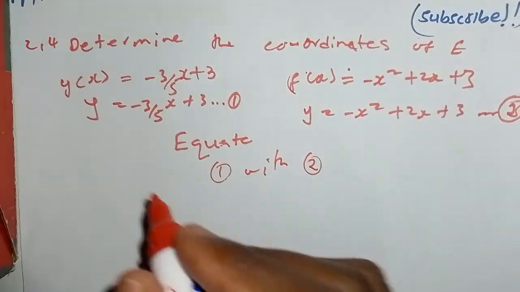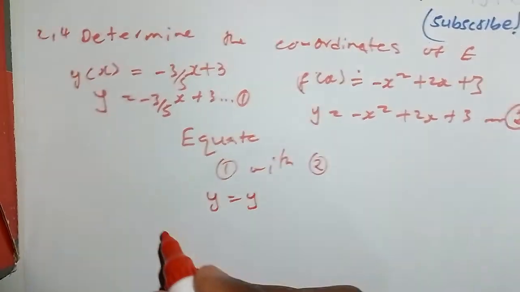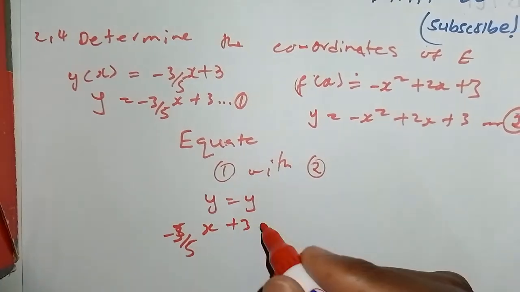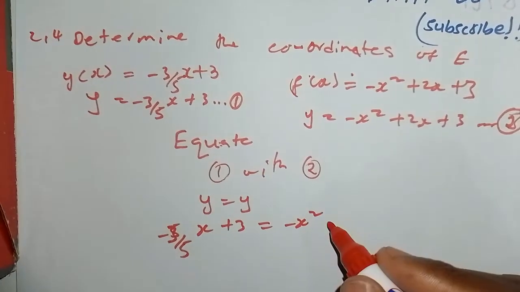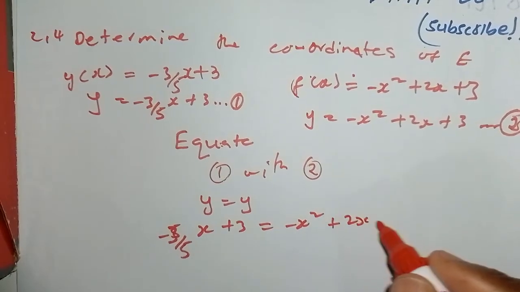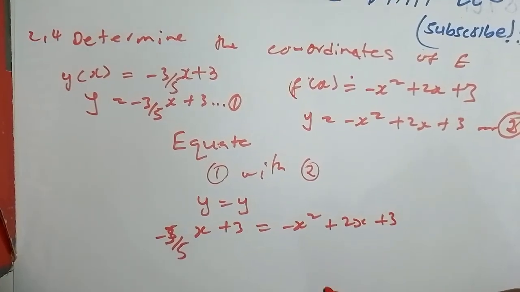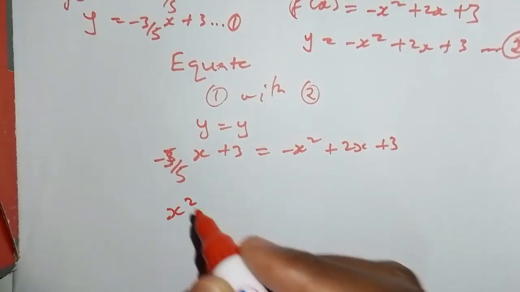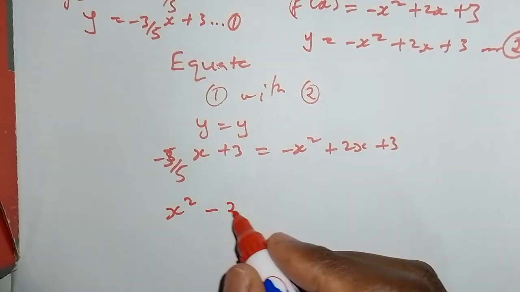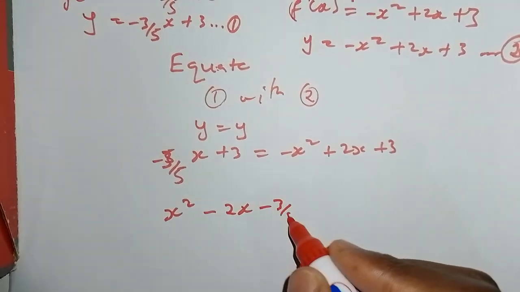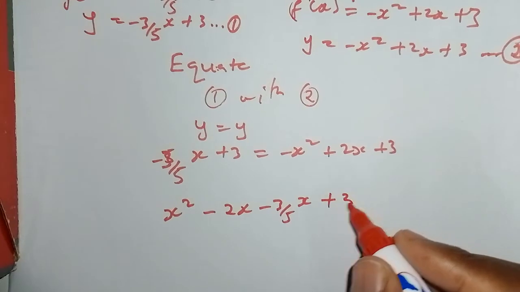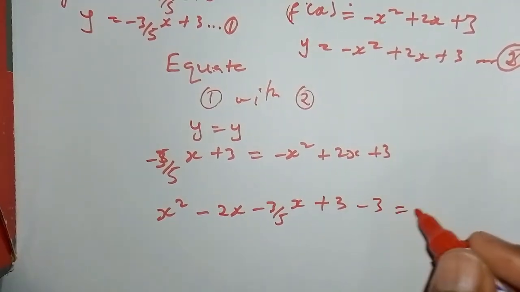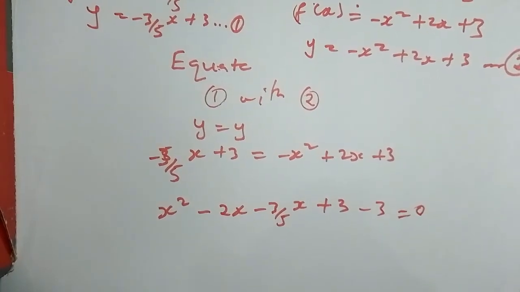What is my equation 1? Okay, y is equal to y. Negative 3 over 5x plus 3 is equal to negative x squared plus 2x plus 3, right? Then group the like terms. I'm going to have x squared minus 2x minus 3 over 5x plus 3 minus 3, and this is equal to 0.